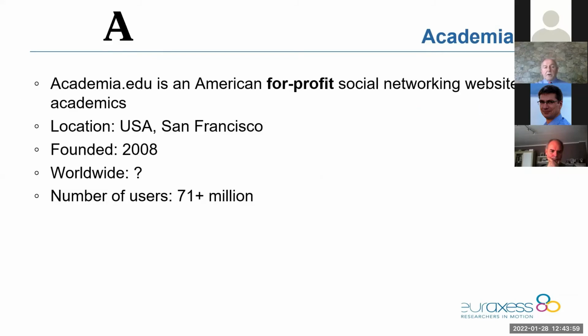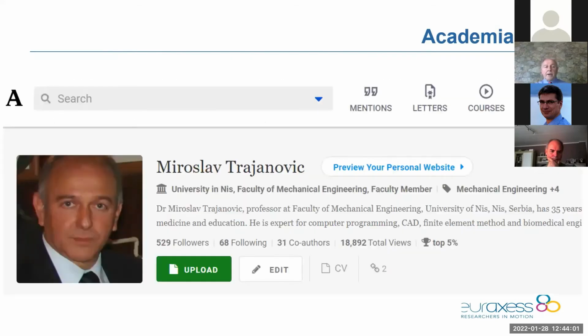On Academia, as in ResearchGate, you can make your own profile, you can publish data, you also have similar functionality. You can see how many followers you have, how many people you are following, what number of co-authors you have, and how many total views your published papers had on Academia. And you can see the difference here.